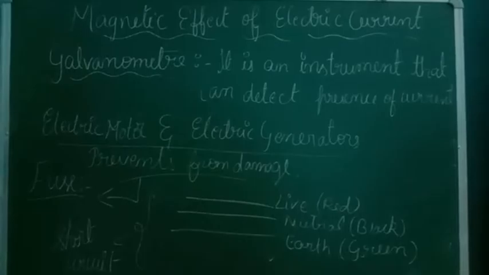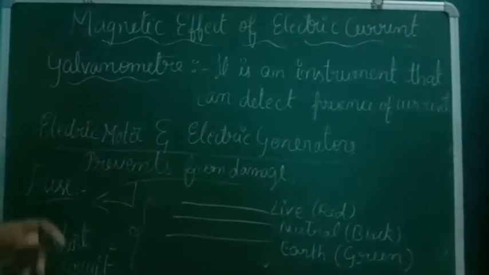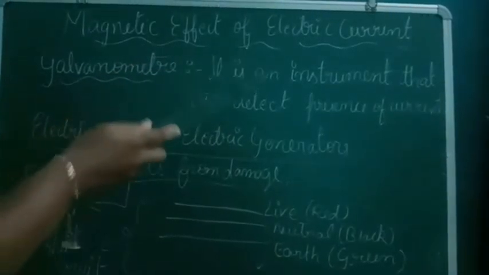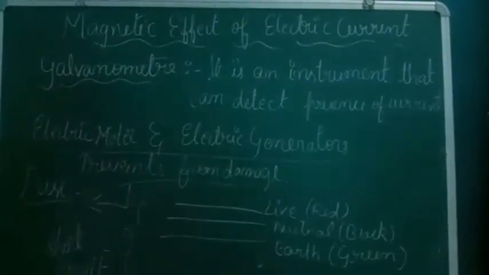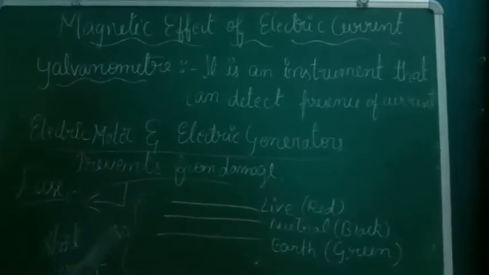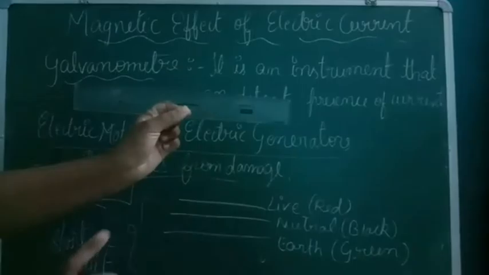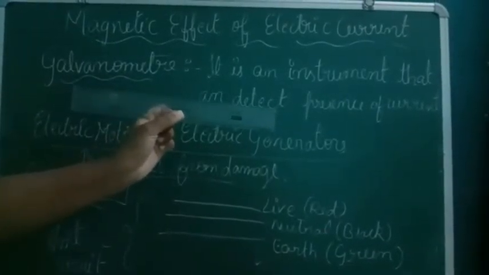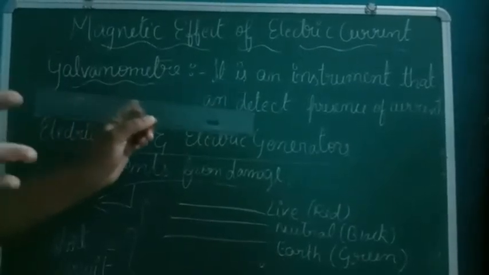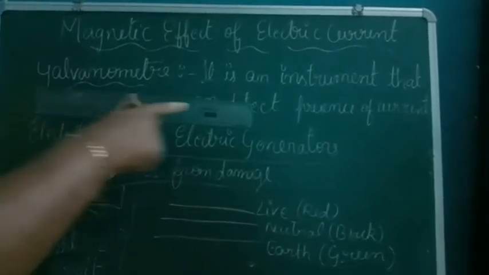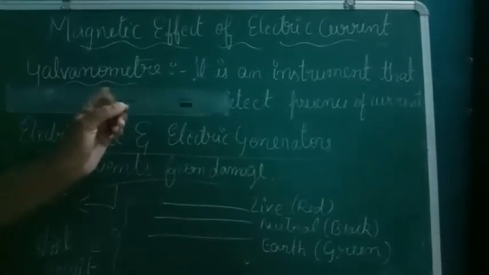Next we'll move on to the concept of galvanometer. A galvanometer is an instrument that can detect the presence of current. If you have an electric circuit, consider this is a wire and current is passing through this wire, and we have to know how much current is passing through it. How can we make out how much current is passing through the wire?